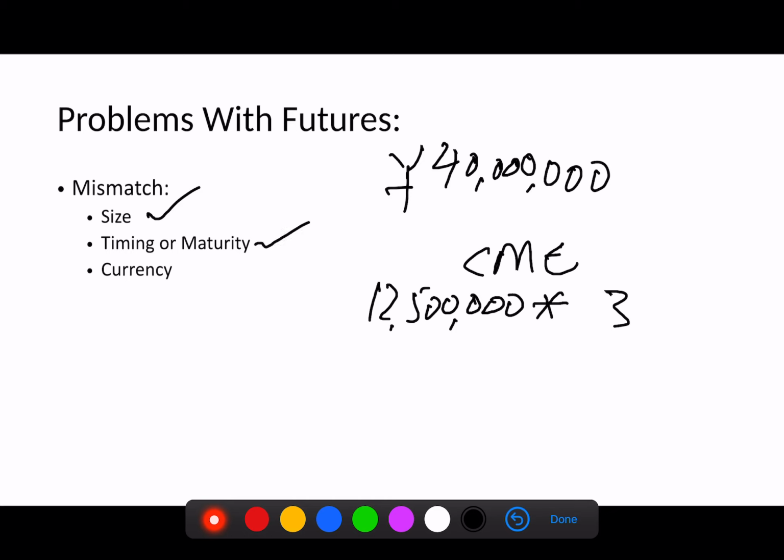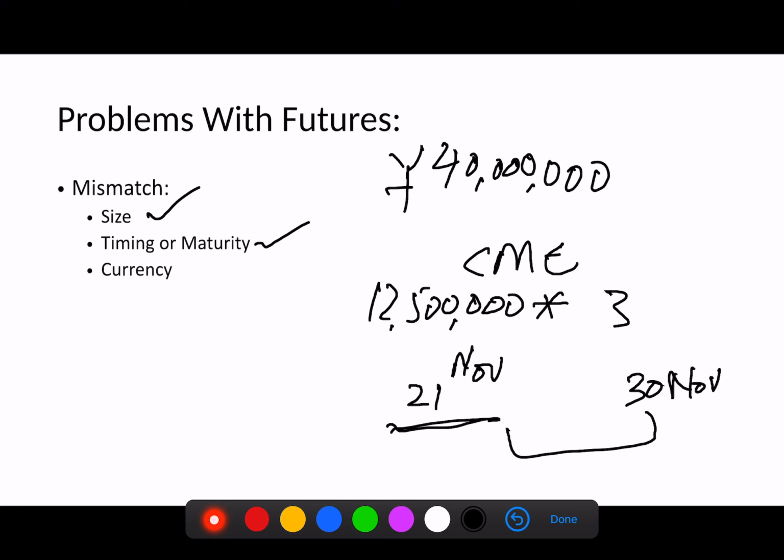Then what is the timing issue? Maybe the contract is expiring on 21st November, and the actual transaction will take place on 30th November. So you may remain hedged until the 21st, but what about the next 9 days? It defeats the purpose.